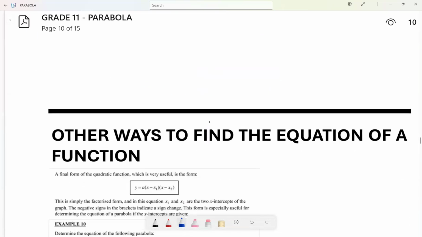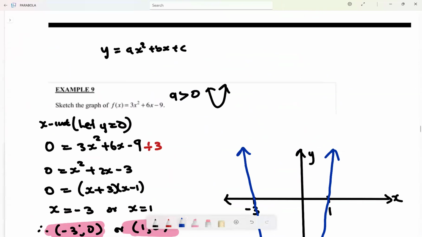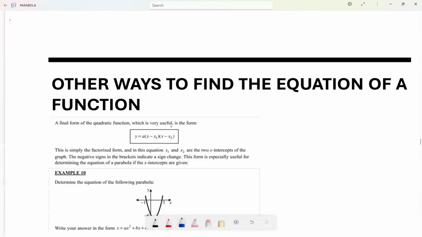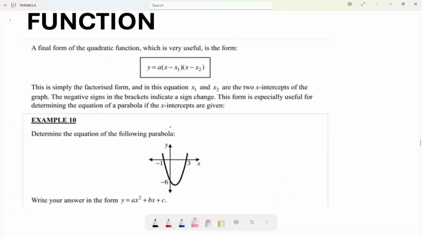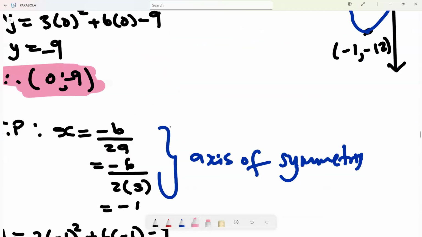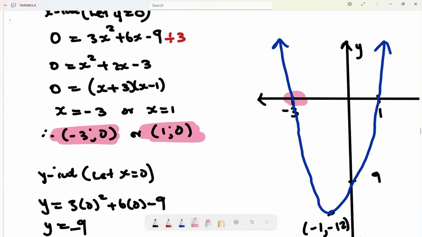Now let's find an equation in this format, not in the turning point form. Now, we have other ways to do that. Because in here, if you realize, we've been finding the x-intercepts, this one and this one.